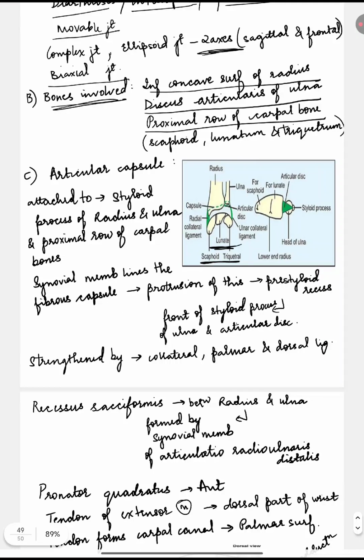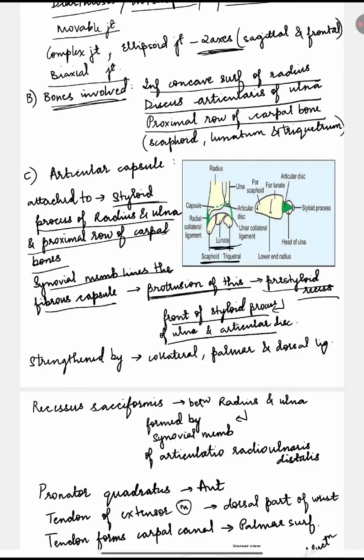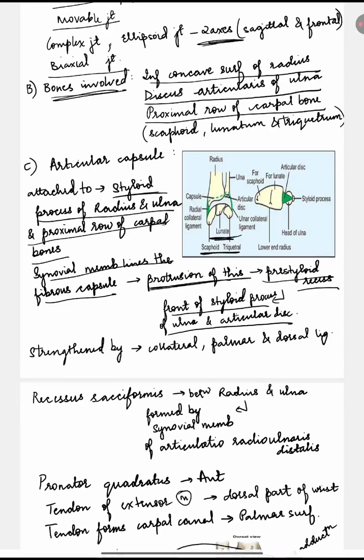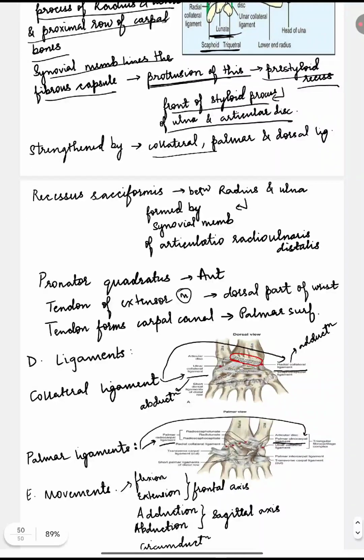Articular capsule is attached to the styloid process of radius and ulna and the proximal row of carpal bones. Synovial membrane lines the fibrous capsule. Protrusion of this is the prestyloid recess, in front of the styloid process of the ulna and the articular disc, which is strengthened by collateral, palmar and dorsal ligaments.